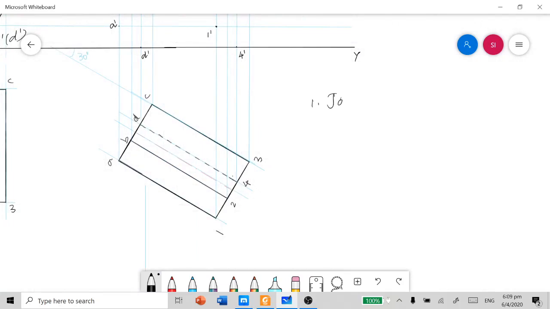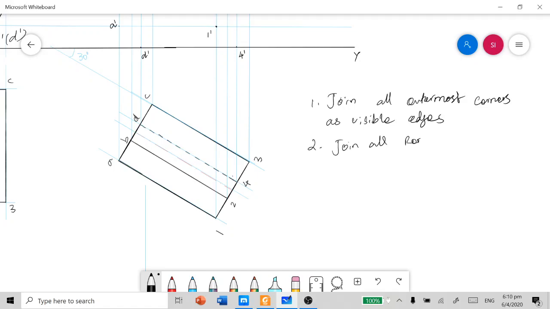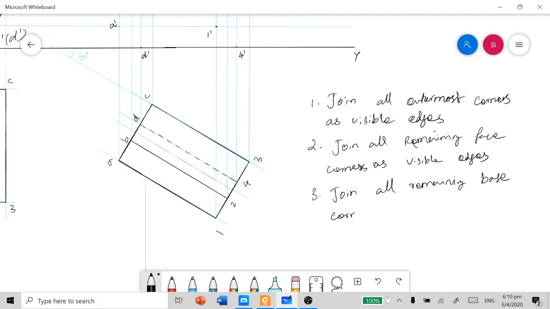The rule number 1 is we have to join all outermost corners as visible edges, and point number 2 is we have to join all remaining face corners as visible edges, and finally we have to join all remaining base corners as invisible edges, and we have to decide about the lateral edges finally.